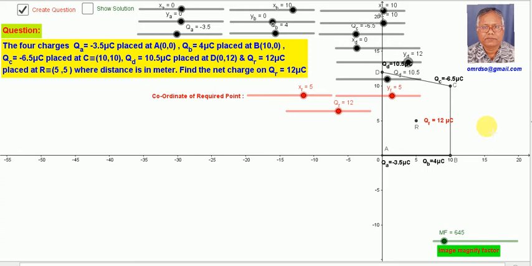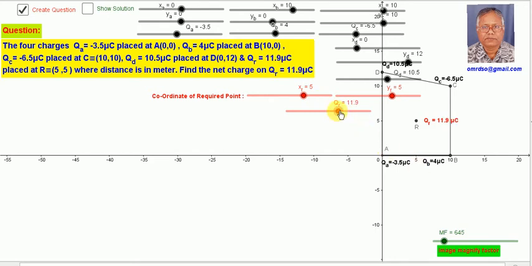So what question was generated? The four charges: QA, minus 3.5 microcoulomb, placed at point A (0, 0); charge QB, 4 microcoulomb, placed at point B (10, 0); charge QC, minus 6.5 microcoulomb, placed at point C (10, 10); charge QD, value 10.5 microcoulomb, placed at point D (0, 12); and charge QR is 12 microcoulomb.